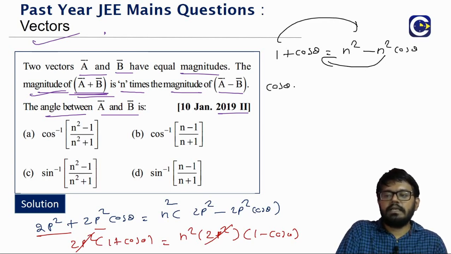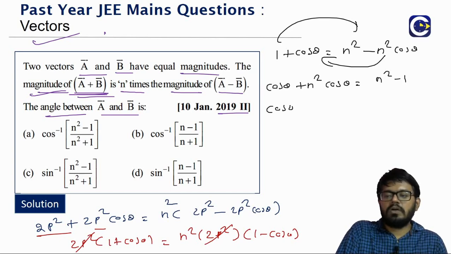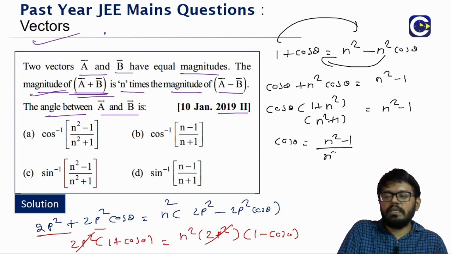So cos theta plus n square cos theta is equal to n square minus 1. This is cos theta into 1 plus n square, we can also write it as n square plus 1. So the cos theta value will be n square minus 1 by n square plus 1.